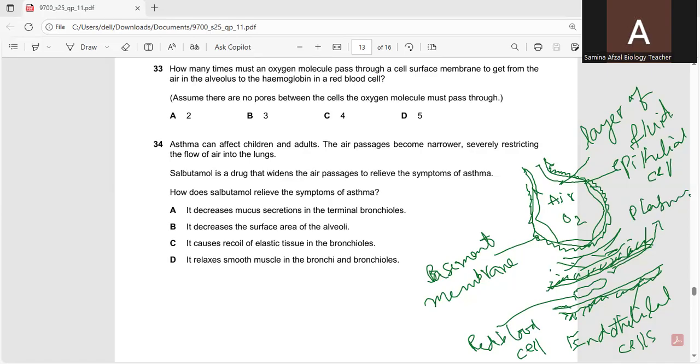So according to this drawing, I would like to write a sequence: alveolar air, and it will enter into the alveolar epithelial cell membrane.